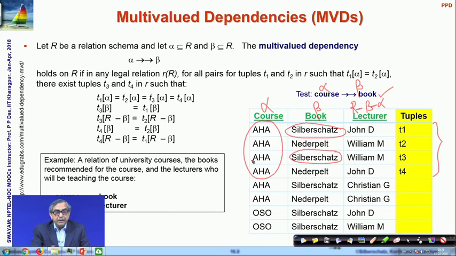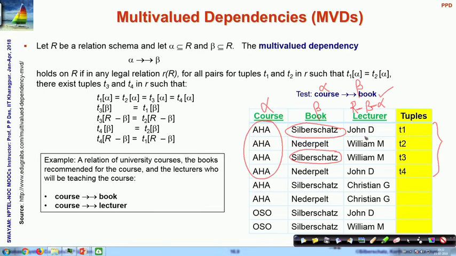Now, it already matches on the course, so I do not have to check for that, but I can just check for whether it matches on lecturer. So, I am checking for this rule whether T3 and T2 match, yes T3 and T2 match, they have the same name for the lecturer. Look at the next one, which is T4 and T2 match on beta.